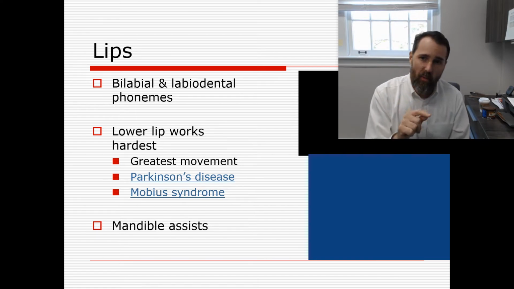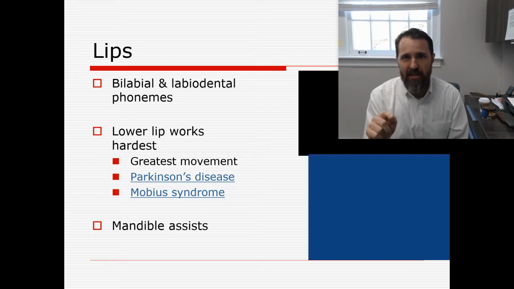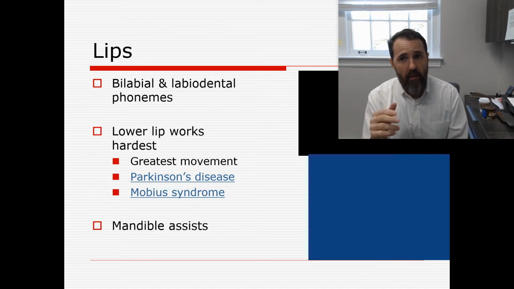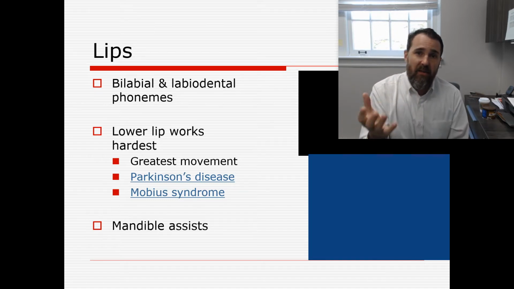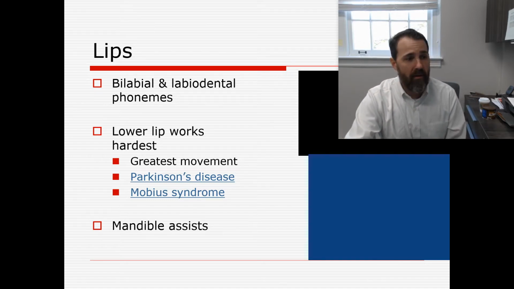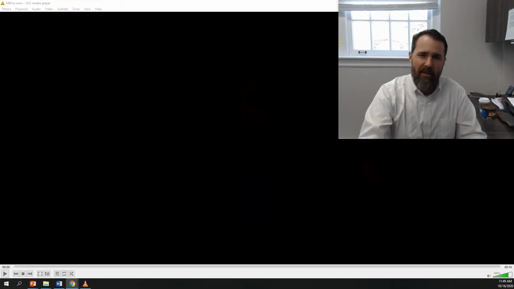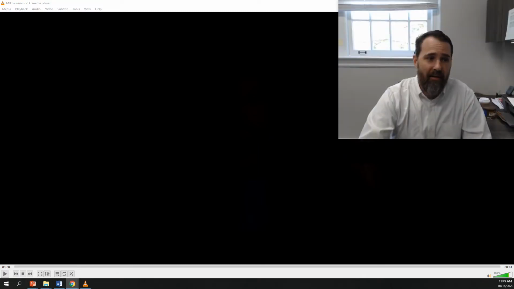So oftentimes you will look at Parkinson's patients and the movement of the upper lip is gone entirely, whereas the bottom lip is still doing a great deal of work. All right, so take what I just said, and I want you to pay attention to this video of Michael J. Fox from a few years ago. He has Parkinson's disease. I want you to pay attention to the bottom lip and the top lip.